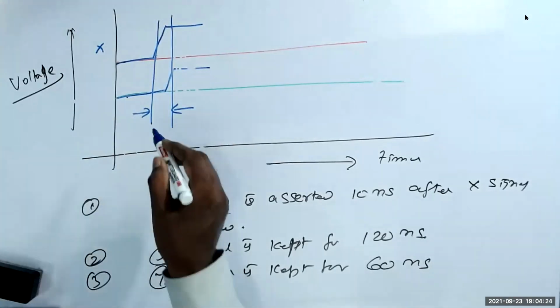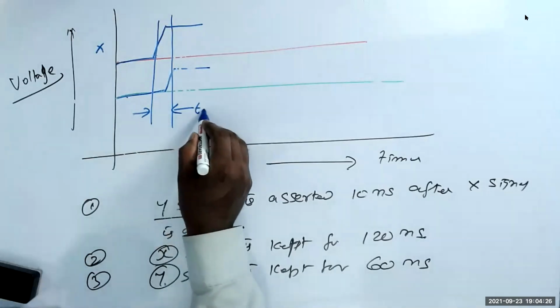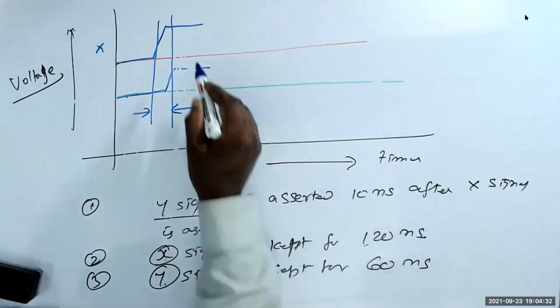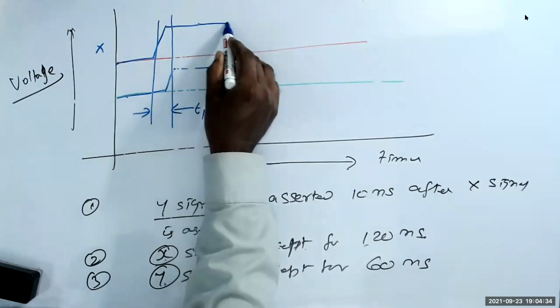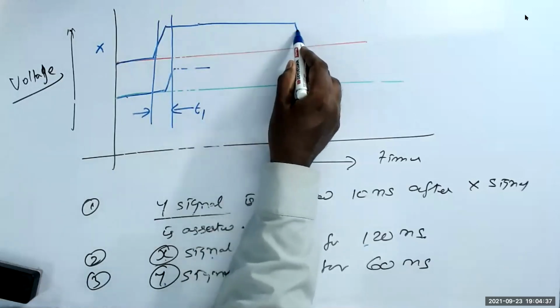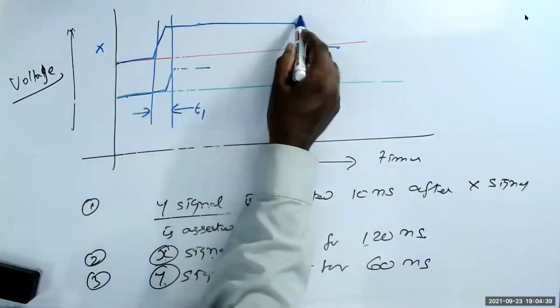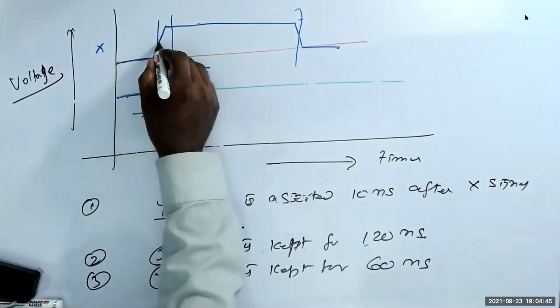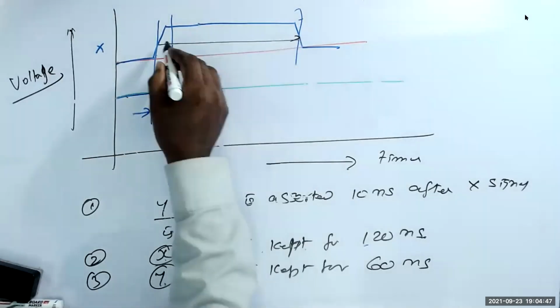I don't write 10 nanoseconds here; I call it T1. Then the X signal is kept for 120 nanoseconds; this time, from here to here, I call T2.